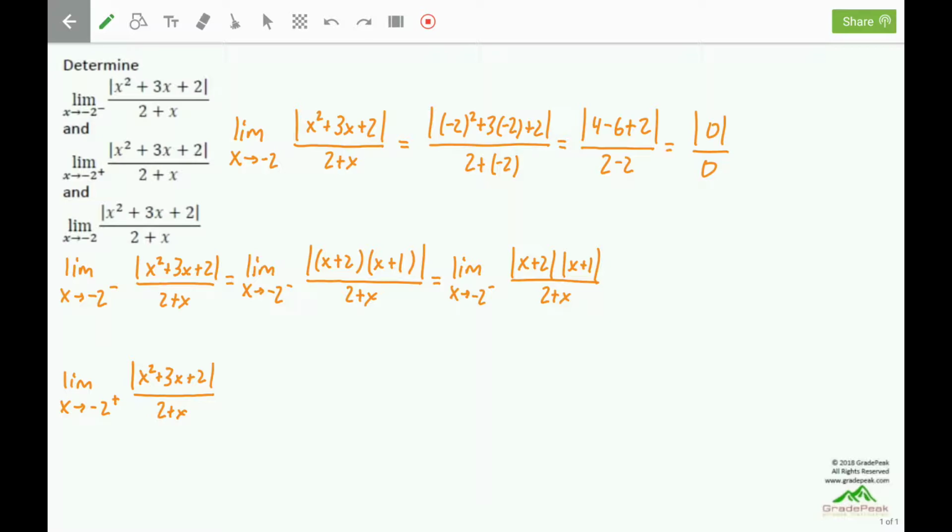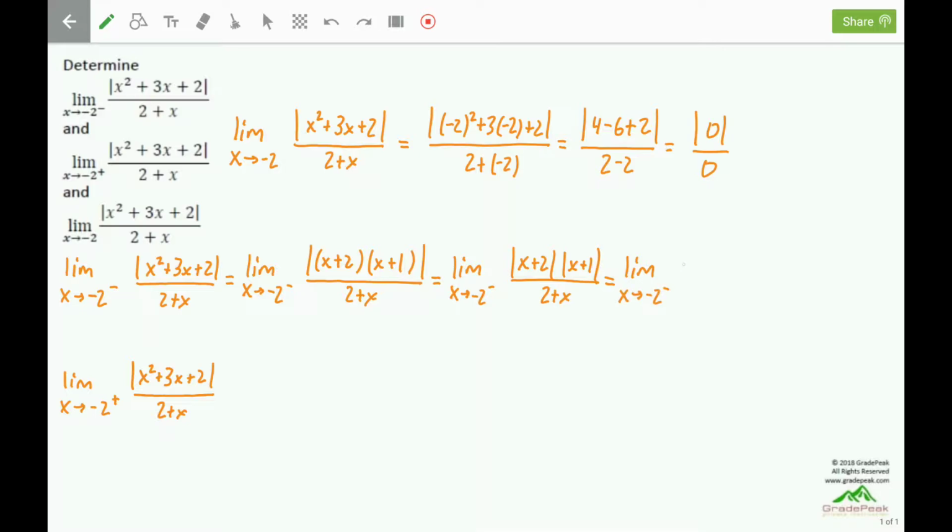The left side on the number line means more negative than -2, like -2.01. If we take a number that is more negative than -2 and put it into this absolute value, like -2.01, and add 2 to it, we will have a negative number. The absolute value ensures that you will have a positive number once it comes out of the absolute value.